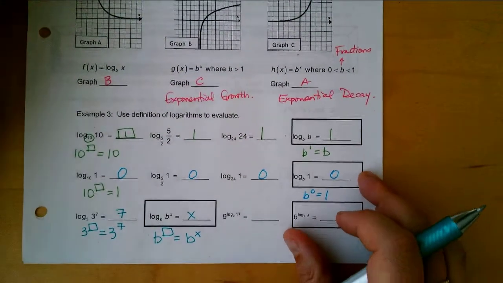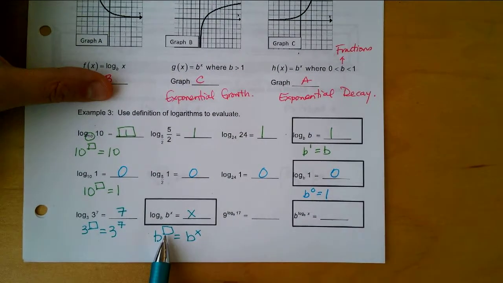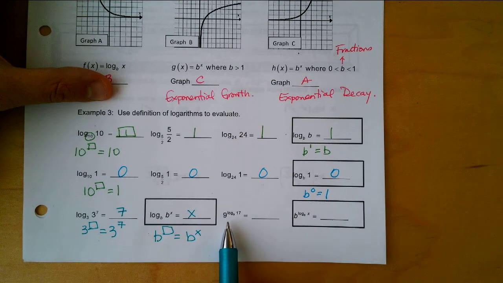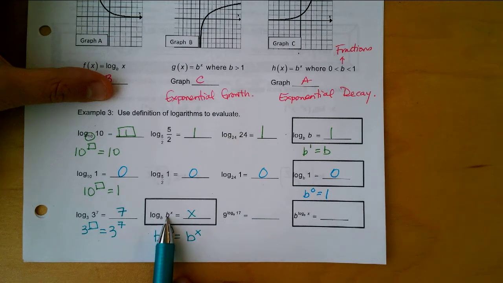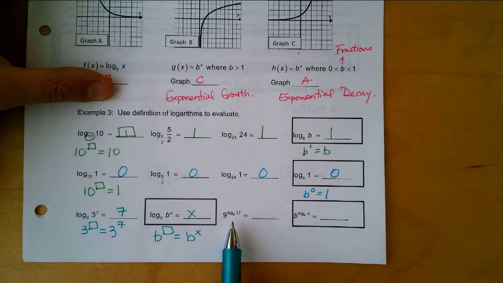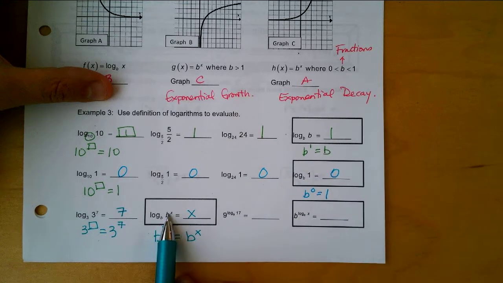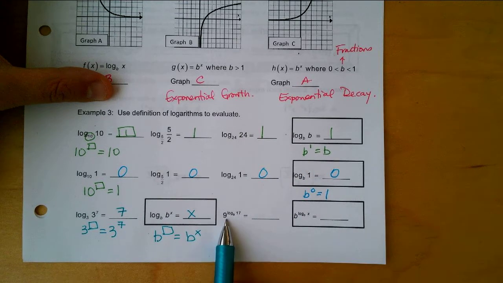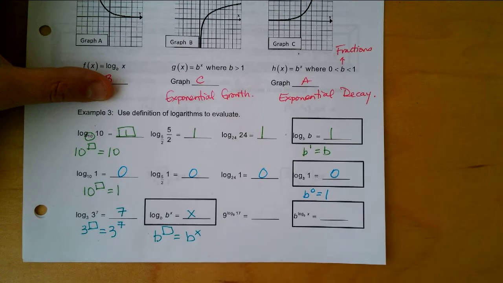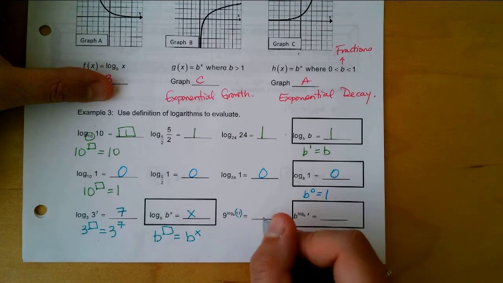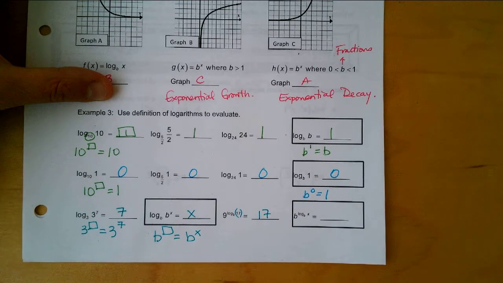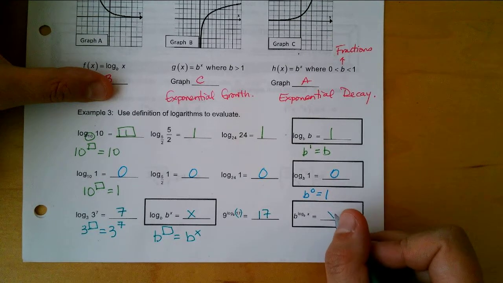And that's sort of the idea, I mean, that really is the idea of the inverse, because they undo each other. So the same logic here would apply. If log base of the base is its inverse, you know, leaving here 1 or leaving x, the exponent, what do you think 9 to the power of log base 9 is? 1. But in this case, it's 17 because that's what's inside the log base of 9. b to the log base b of x, therefore, is going to be x.